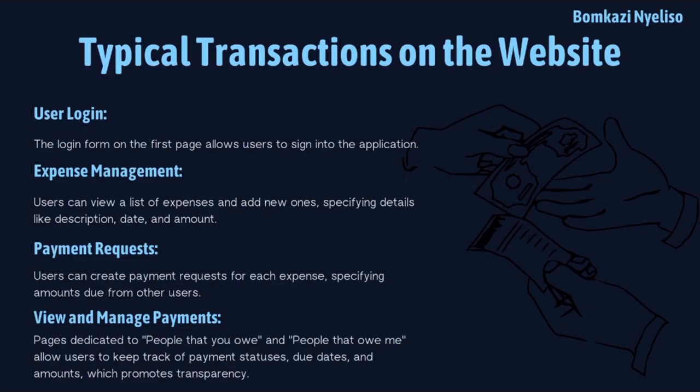The first part is the user login. The login form on the first page allows users to sign in to the application securely. And then the expense management part allows users to view a list of expenses and add new ones, specifying details like description, date, and amount.